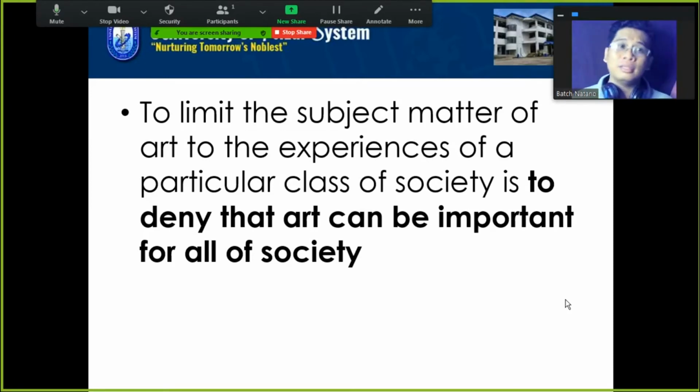But Tolstoy is idealistic. Regardless of your power, regardless of your situation in life, you have the right to experience art. That's what he wanted.